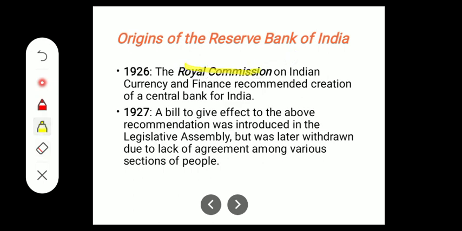Then in 1927, a bill to give effect to it was introduced in the Legislative Assembly, but later it was withdrawn due to the lack of agreement among various sections of the people.